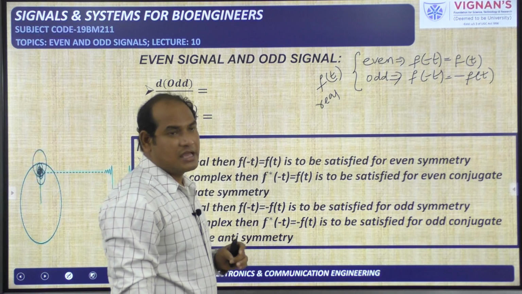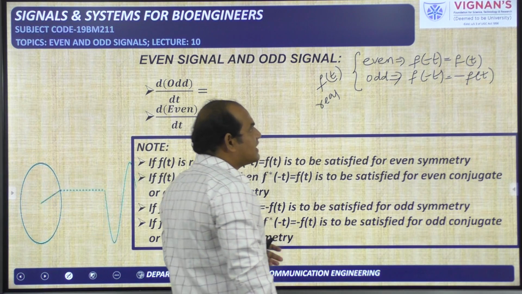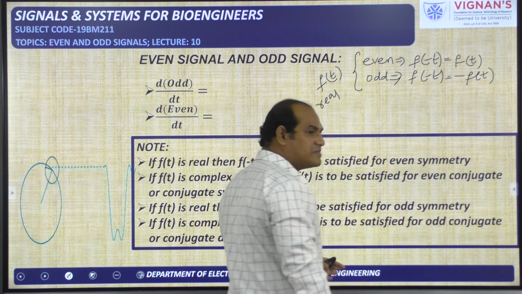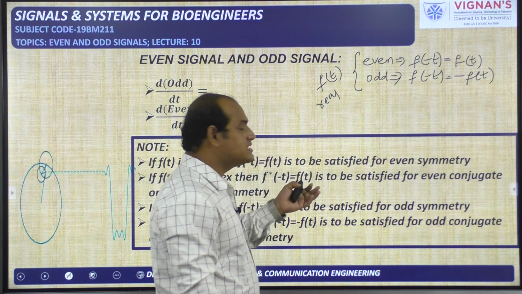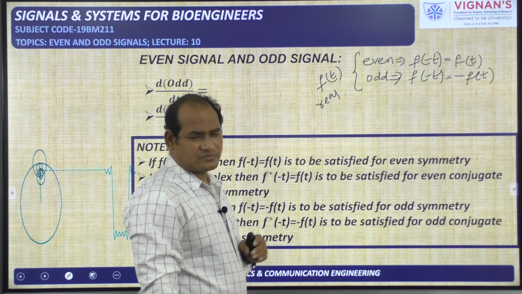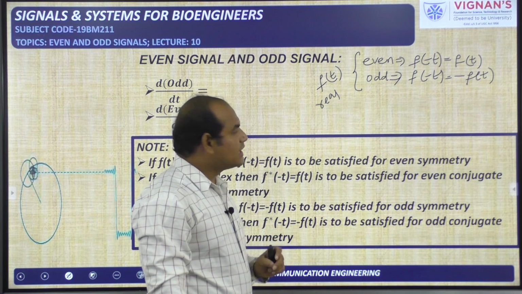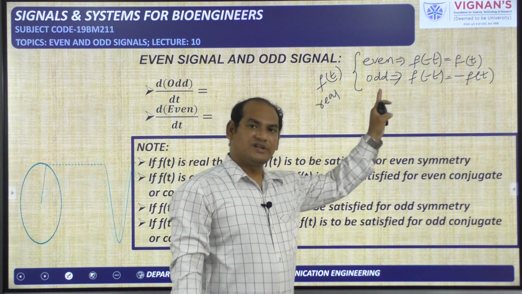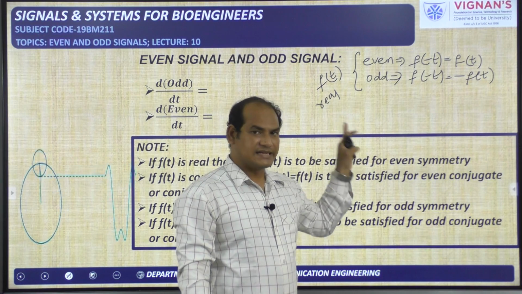Now when can we say f of t has even symmetry or odd symmetry when f of t is a complex number or complex signal? These definitions are valid whenever f of t is a real signal.